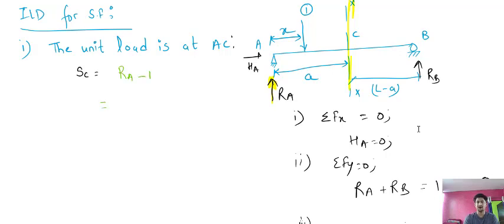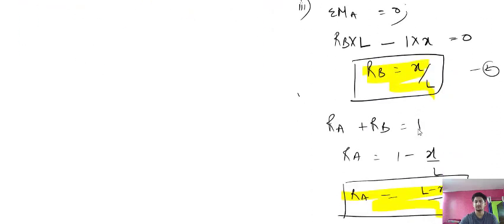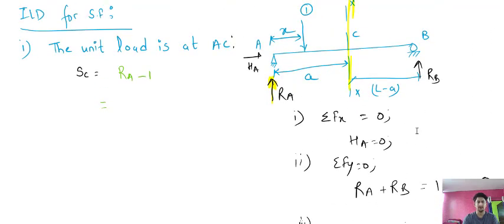The value of Ra we calculated is L minus x upon L, so it is L minus x upon L minus 1. Solving this, you get L minus x minus L over L, so you will get minus x upon L.